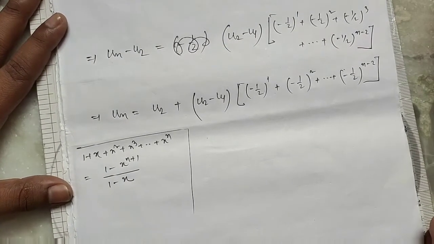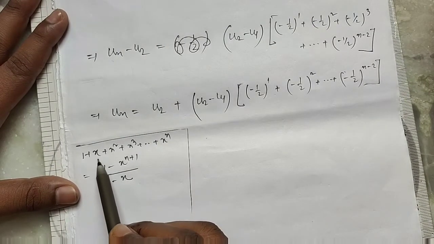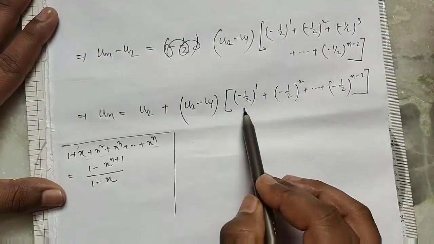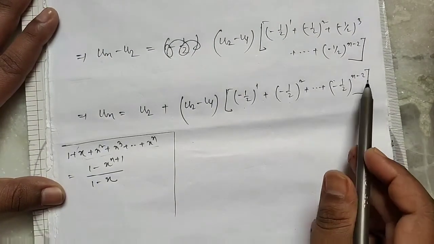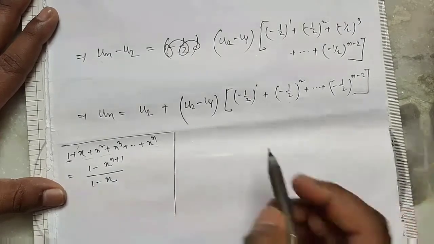Okay, so here if x equals minus half, from this to this, x square up to x to the power n minus 2. Okay, so we add 1 and subtract 1.